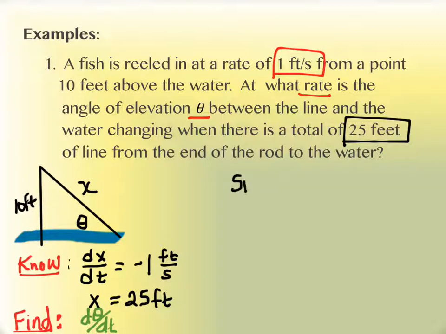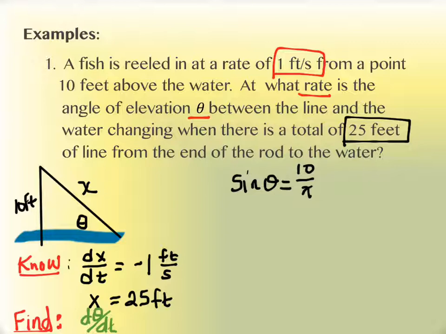The sine of the angle theta is the opposite, which is 10, over the hypotenuse, which is x. That's the relationship that exists between theta, 10, and x. Everybody good with that? Don't want tangent, don't want cosine, because that would be using the adjacent side, which is where the water is, and I don't know that value.